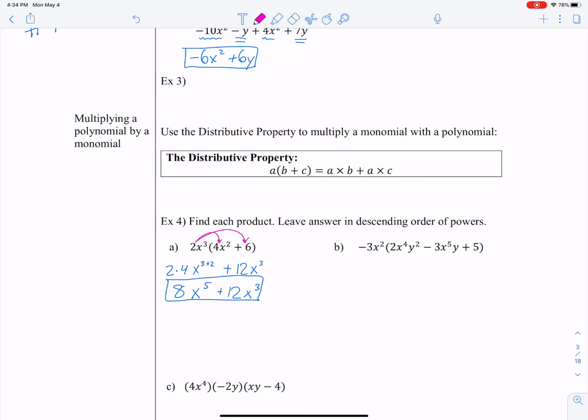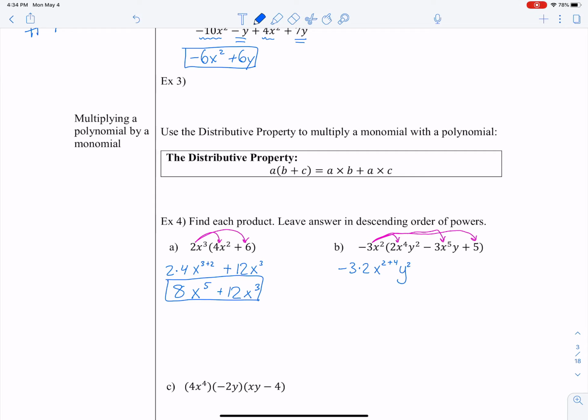Next one. I'm going to multiply. This is a trinomial here, here, and here. So I have minus 3 times 2x to the 2, plus 4. And there's no y, so I'll just write y to the 2.